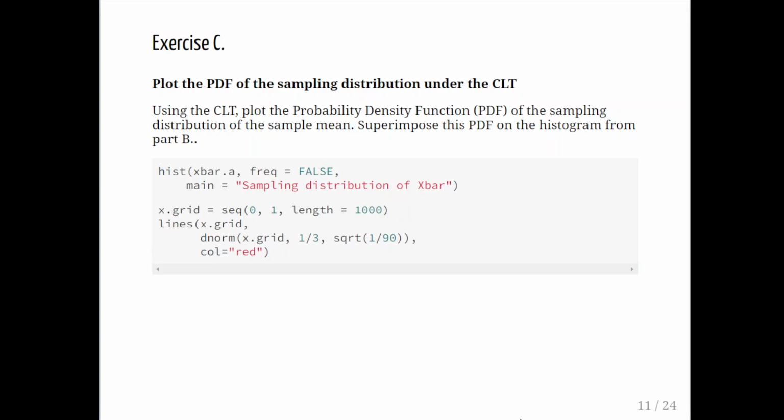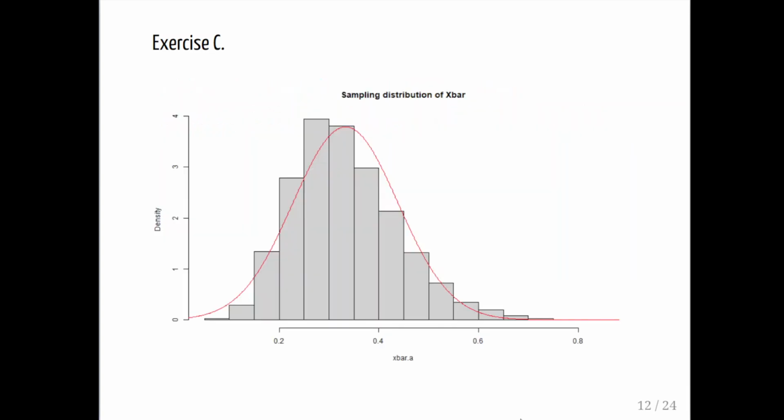That is the square root of 1 over lambda squared times n, 1 over 3 squared times 10. That is where that comes from. And color equals red. So that's how the distribution of the sample means matches up to what we would expect under the central limit theorem for the distribution of the sample means. That's good enough, I think.